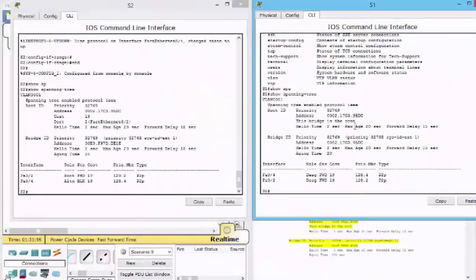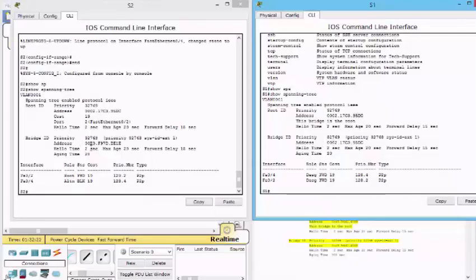Now we make a comparison between switch 1 and switch 2. Why is S1 the root bridge and S2 is not? They both have a priority of 32769, and their bridge ID priority is 32769.